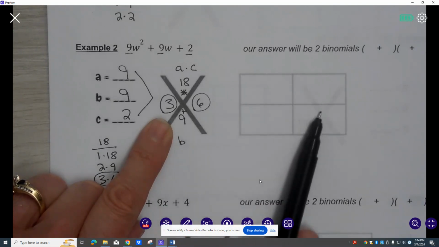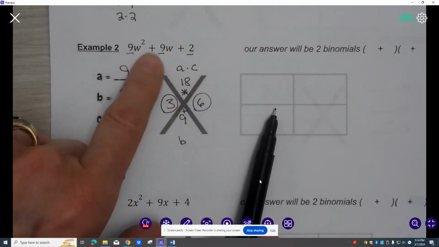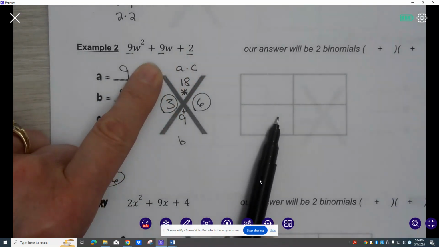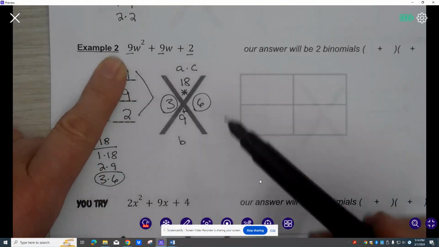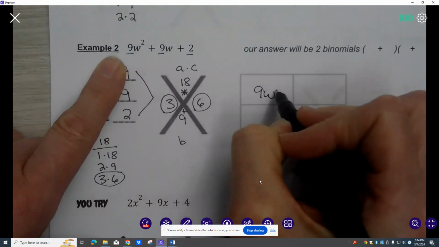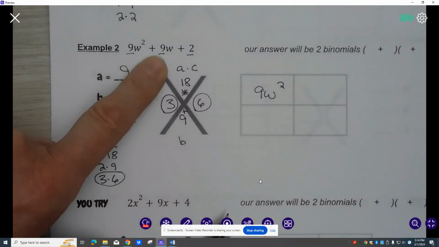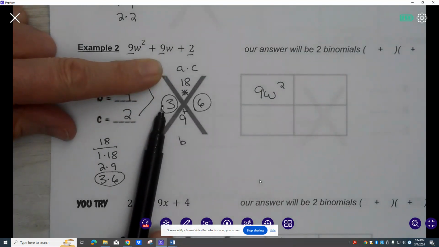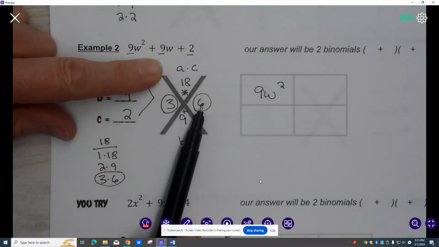Okay, the next step is to put the original problem that you're factoring in your box. So I'm going to put the 9w squared right here. The 9w we have chosen to split up and write as 3w and 6w.